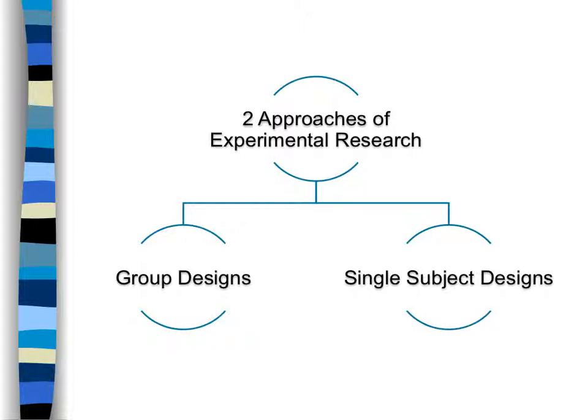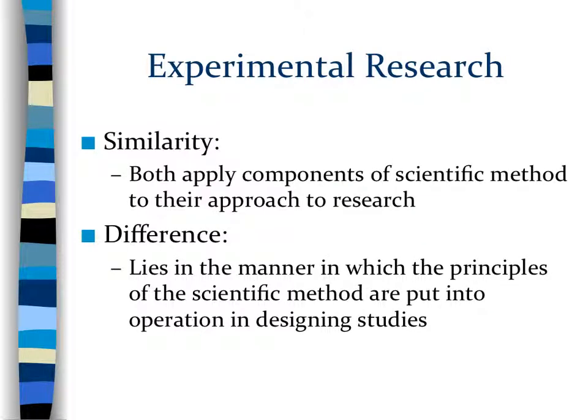There are two approaches to experimental research, and today we will be focusing on single subject designs. The other is called group designs, and one of the major differences lies in the manner in which the principles of the scientific method are put into operation in designing studies.